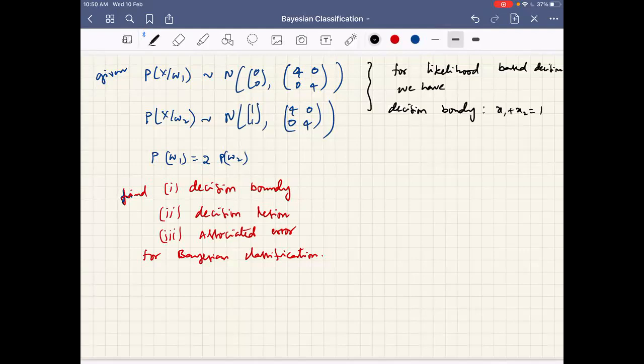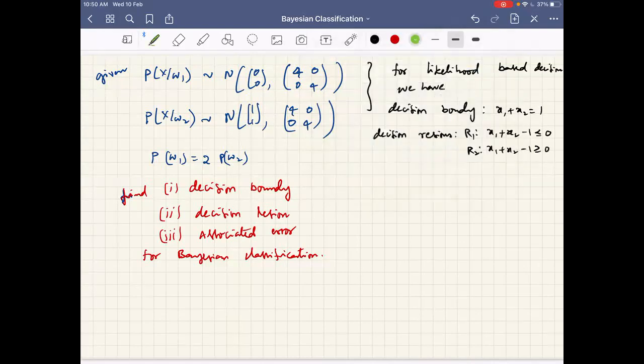In other words, we have decision regions. R1 is X1 plus X2 minus 1 less than or equal to 0, R2 is X1 plus X2 minus 1 greater than or equal to 0. Are these things correct?